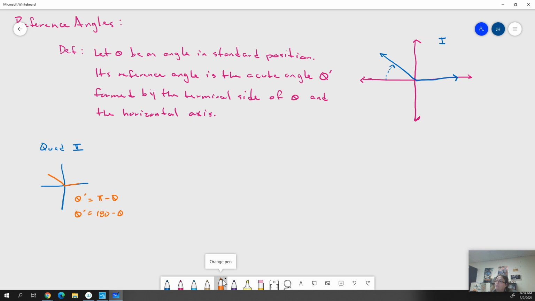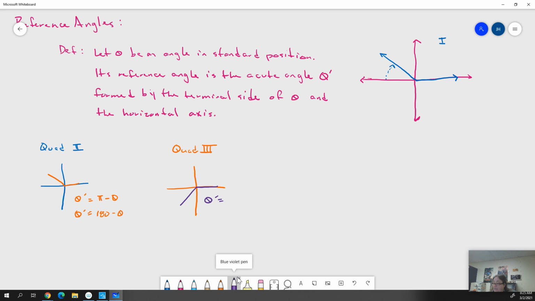If it's in quadrant 3, so now we have an angle in quadrant 3, which means that we're starting here and going to wind up in here somewhere, right? And when we do that to find our reference angle, we've got theta prime.